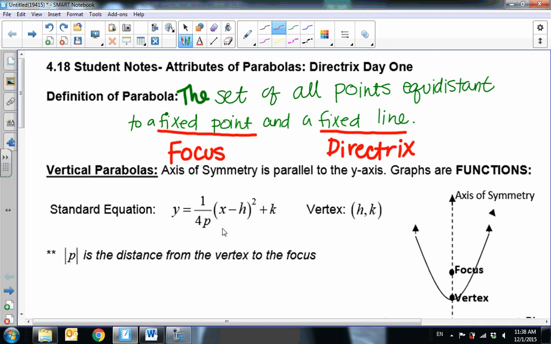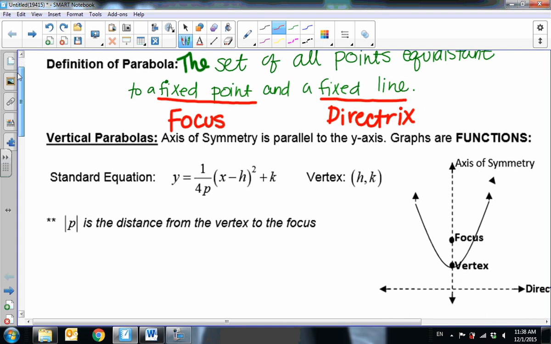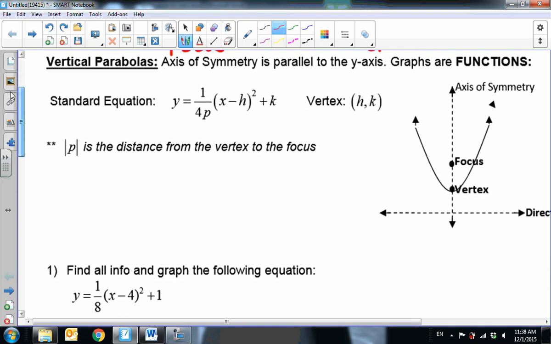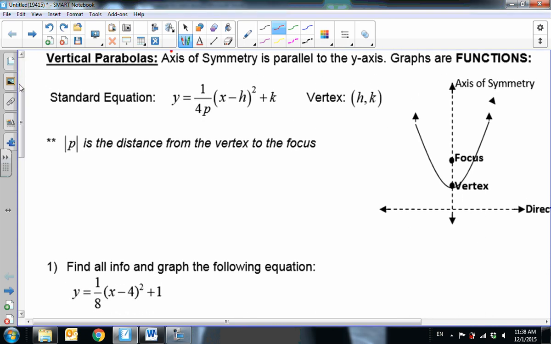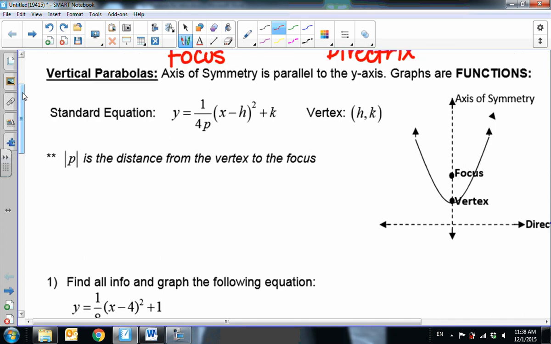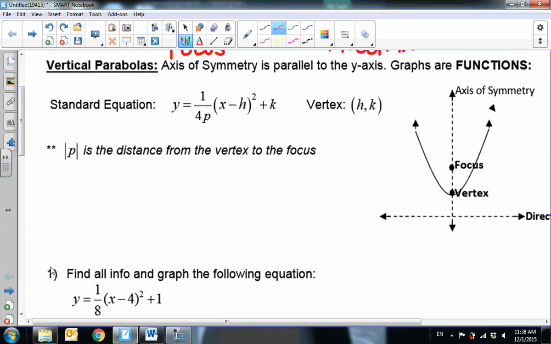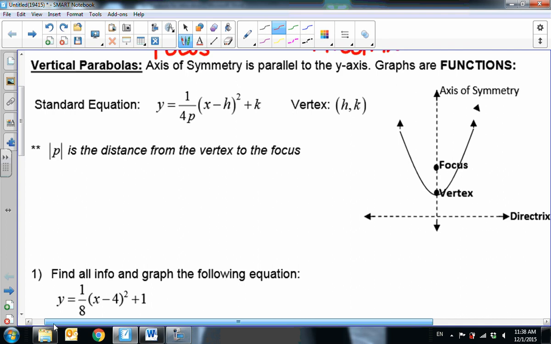So, first let's talk about the ones we are comfortable with. That is a vertical parabola, and in a vertical parabola we are used to seeing it open up or it could open down.